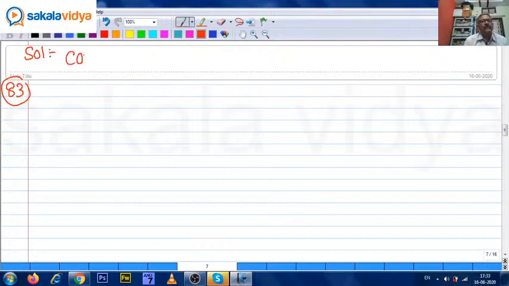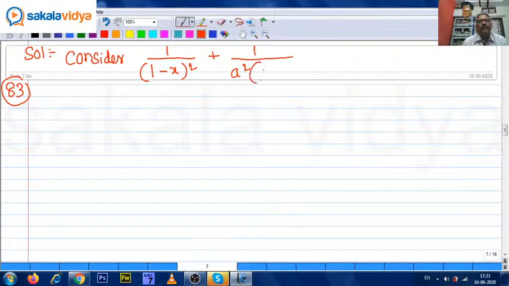So consider this expansion. We can write 1 upon 1 minus x whole square plus 1 upon a plus bx whole square. Taking a common, we get a square common, 1 plus bx upon a whole square.